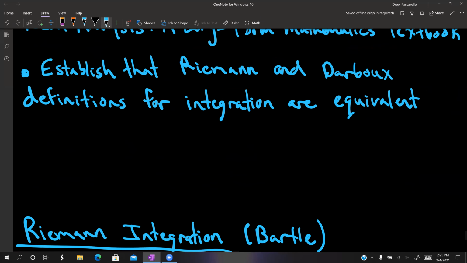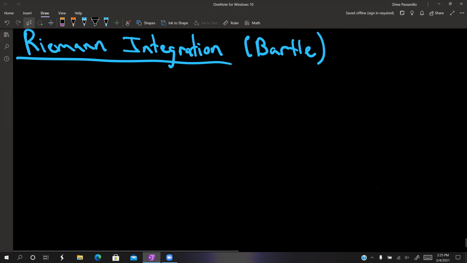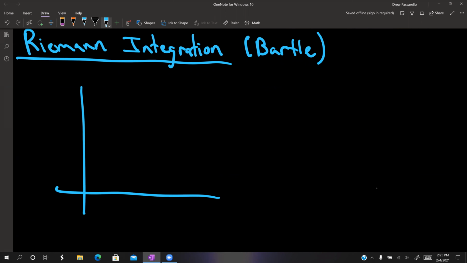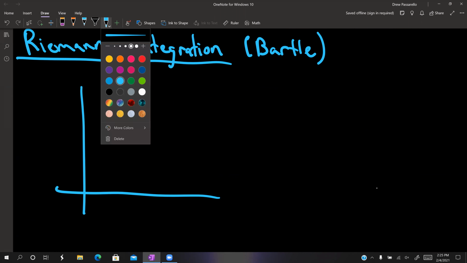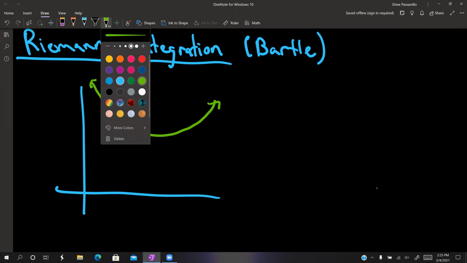All right, so the Riemann integration according to Bartol. Now suppose, and this is also assuming you're familiar with what an integral is, I have some curve, and let's say that's my curve, and I define it on an interval.